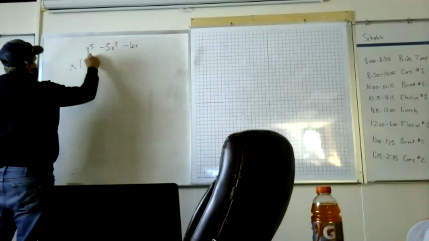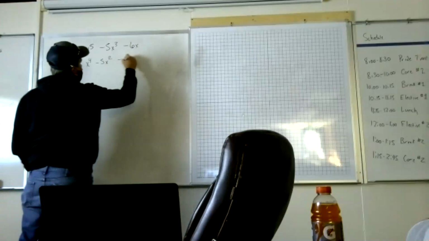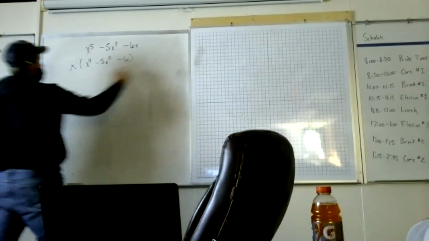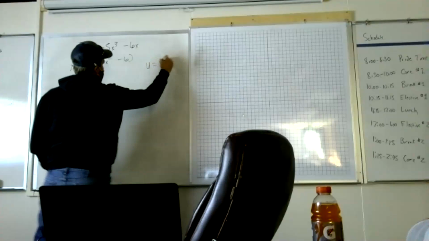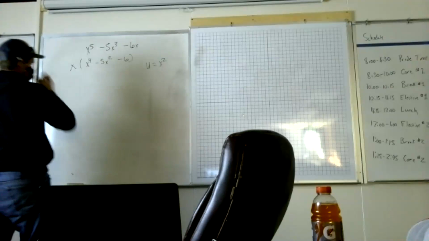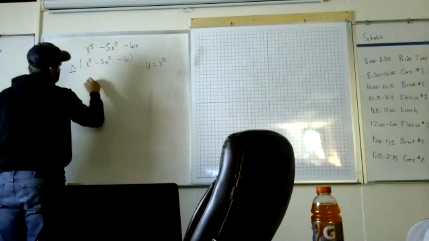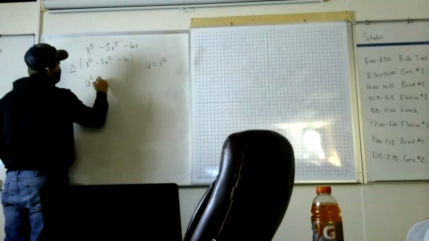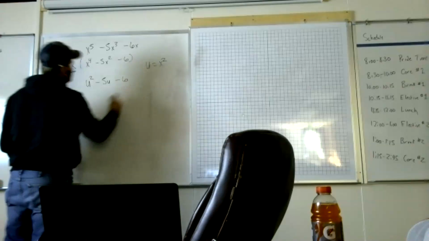So that leaves x to the fourth minus 5x squared minus 6. Okay, u is still equal to x squared. So we're going to substitute in u for everywhere we see x squared. This x is still there. So that's u squared minus 5u minus 6.